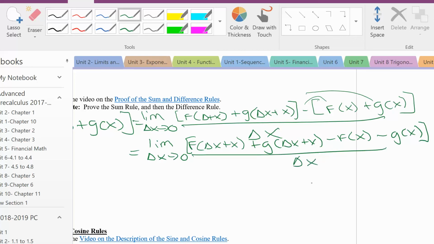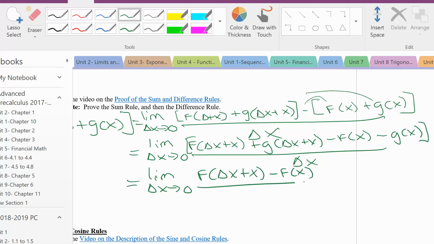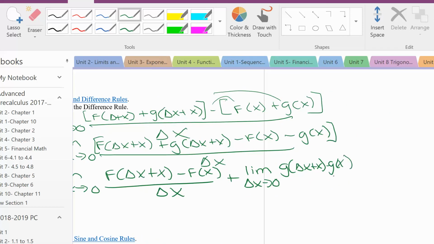So then if we group the f's together and the g's, we have the limit as delta x approaches 0 of f of x plus delta x minus f of x all over delta x, plus the limit as delta x approaches 0 of g of x plus delta x minus g of x all over delta x.